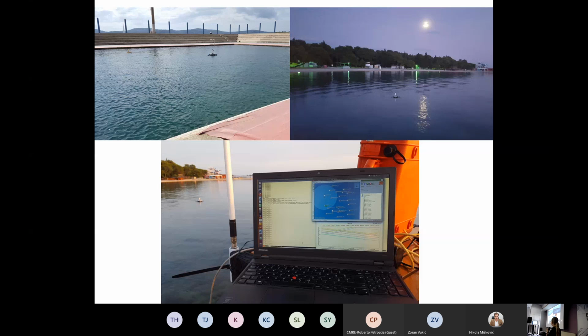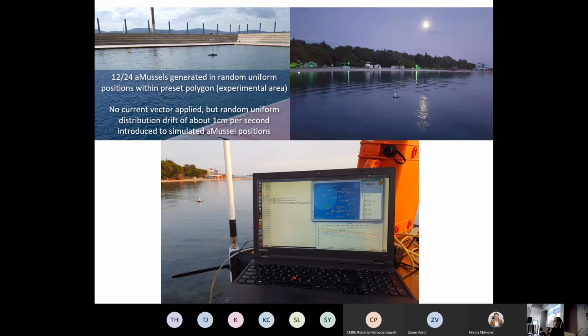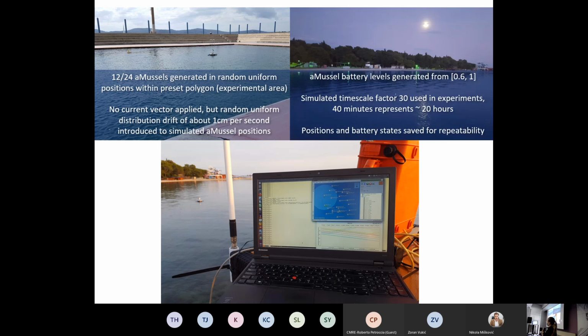We have the pool as well as the bay. So we had 12 or 24 aMussels in each experiment, depending purely on the spatial constraints because the pool was a bit small. The simulated aMussels weren't drifting around. They were drifting with a very small simulated drift. Their battery levels were generated randomly from an interval to make sure they're not completely depleted at the moment of deployment.